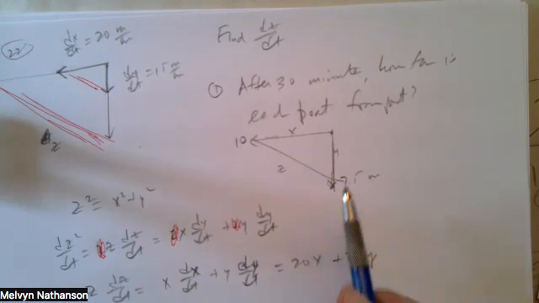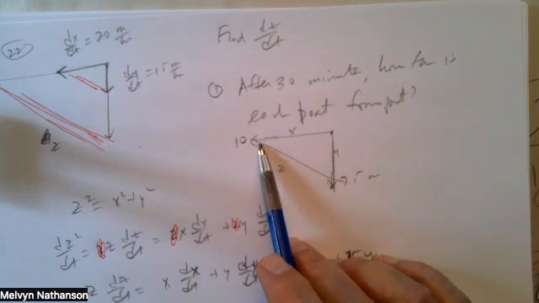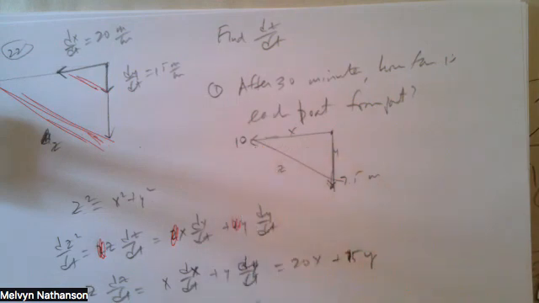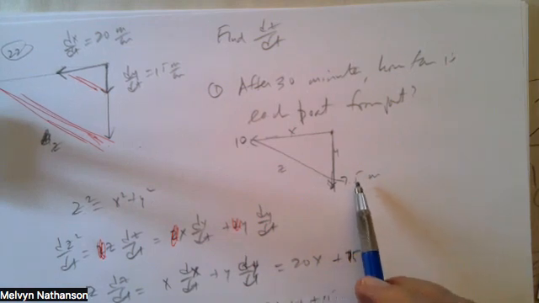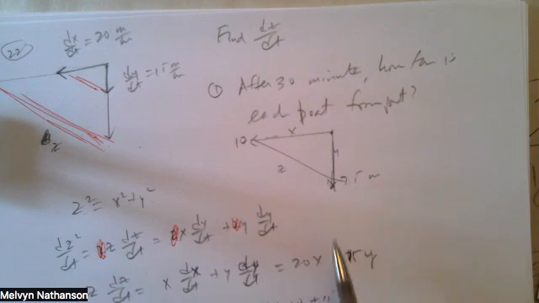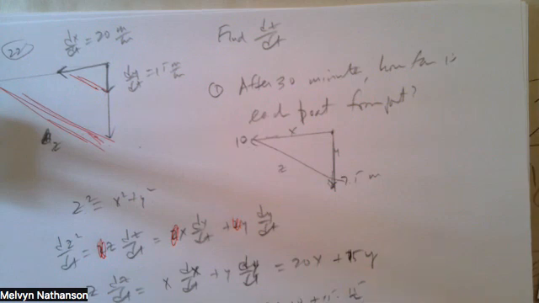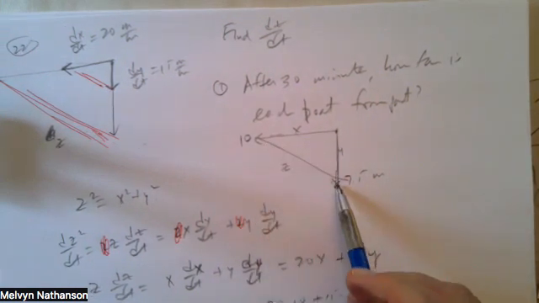And after 30 minutes, the first boat is 10 miles west. That's 20 times 10. And the second boat is 7.5 miles south, 15 over 2, divided by this distance.